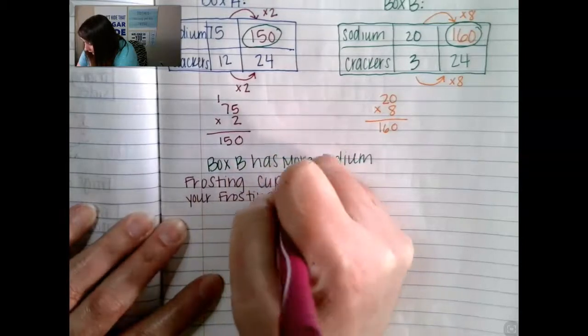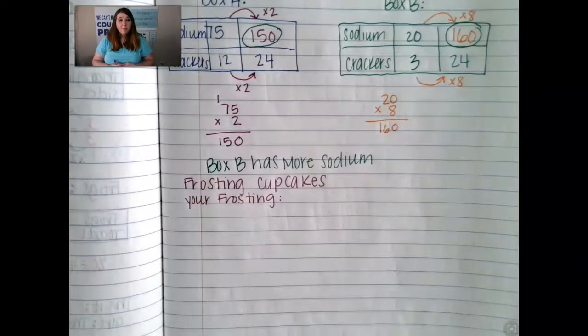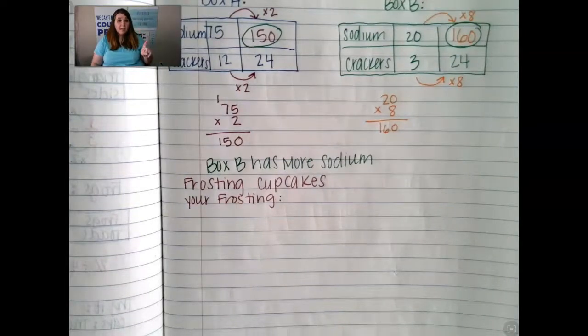Your frosting has a couple of different things in it. You have drops of red and drops of blue, and I have drops of red and drops of blue. We want to know who has the most drops of red and blue when we get to the final comparison of how many drops.